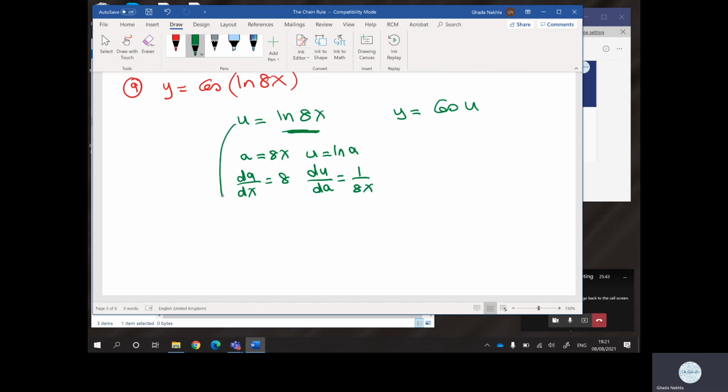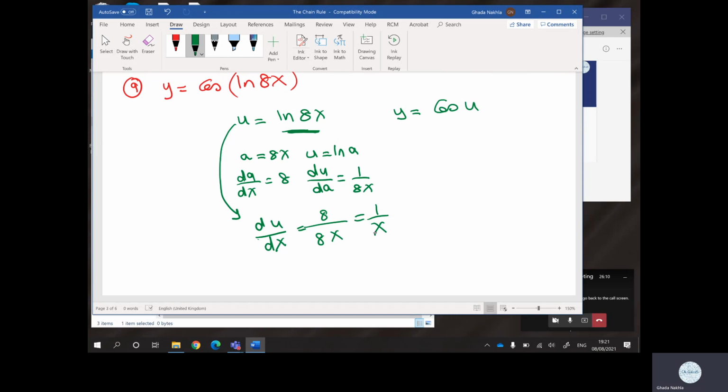So this means that du by dx is equal to 8 over 8x, which is equal to 1 over x. So ln 8x differentiates into 1 over x. So ln x differentiates into 1 over x, and ln 8x also differentiates into 1 over x.